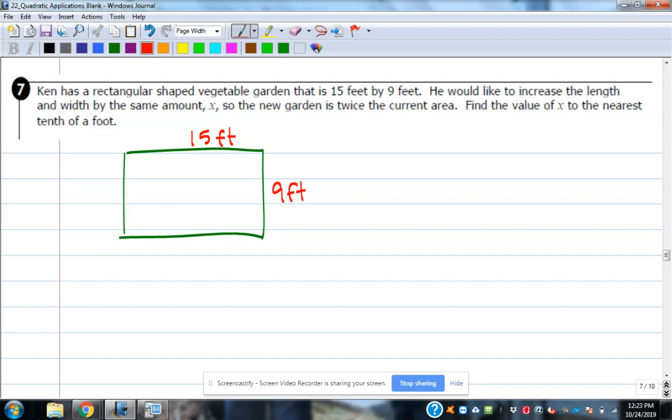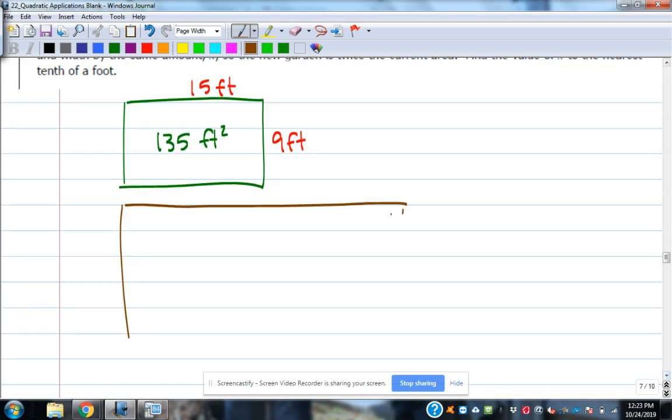Well, what's the current area? 15 times 9 is how much? 135 square feet.